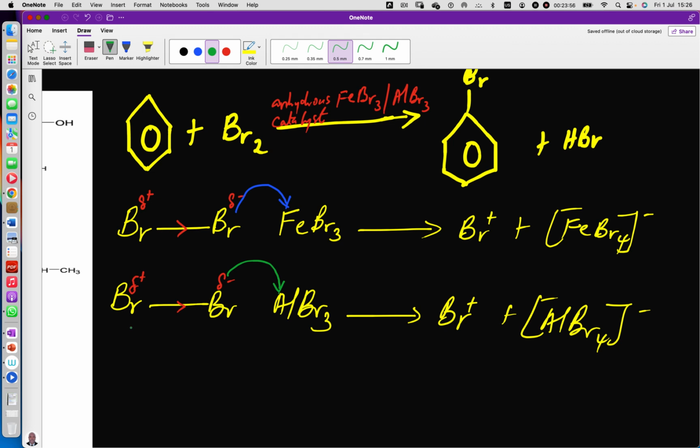That is just the procedure, and subsequently the electrophile is attracted to the electron-rich benzene ring. If you want more details, go to our channel.